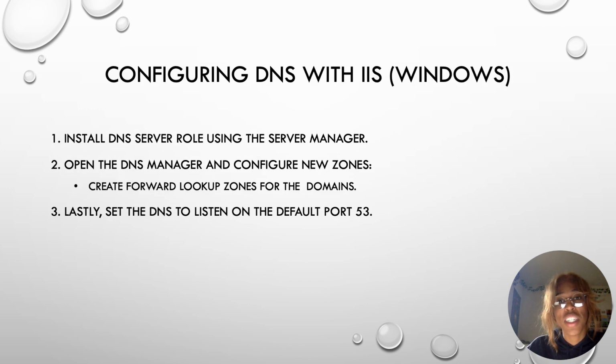Configuration of DNS with IIS, so Windows. You would install the DNS server role using the Server Manager. Then you would open the DNS Manager and configure new zones and create forward lookup zones for the domains. Lastly, you would set up the DNS to listen on the default port of 53.